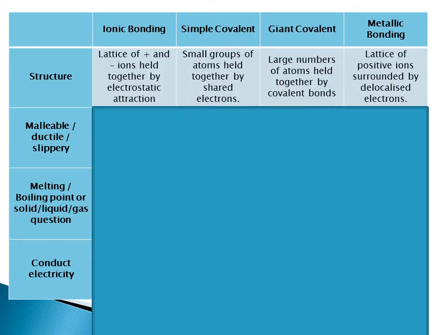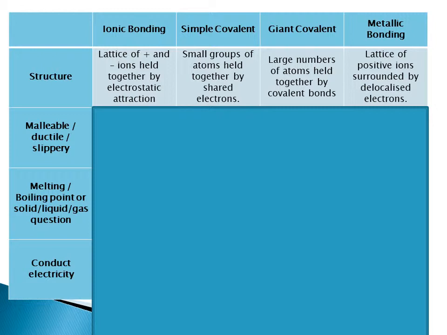Okay, so the first bit of information for each. Now this comes straight from the last video. So ionic bonding is a lattice of positive and negative ions held together by electrostatic attractions. Okay, it's a long sentence, lots of big words, just learn it. If you learn that sentence, you're going to get marks. Okay, simple covalent. Simple covalent are small groups of atoms held together by shared electrons. Again, learn that properly. The words are all important.